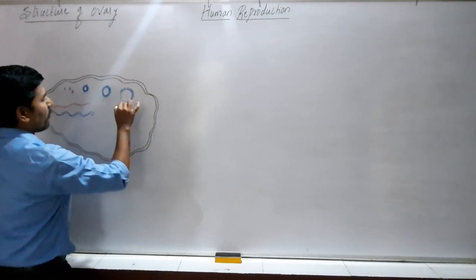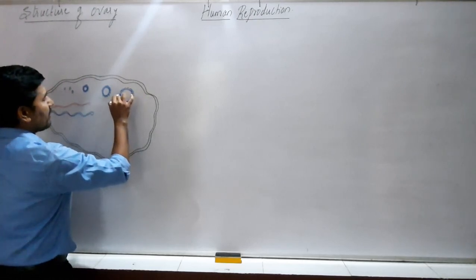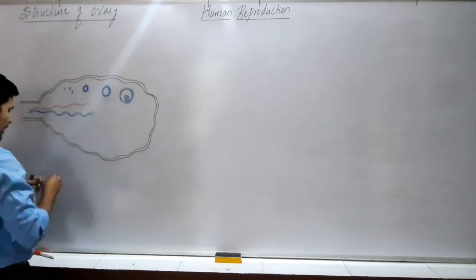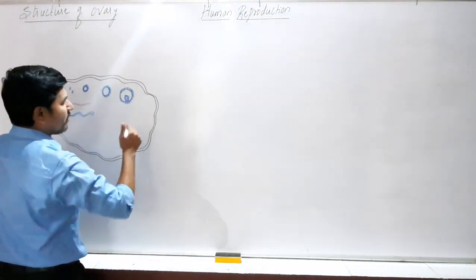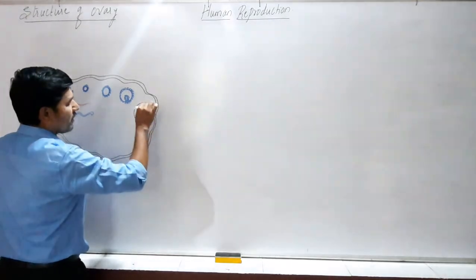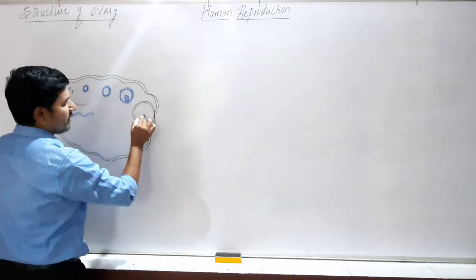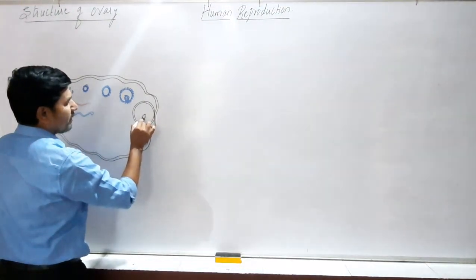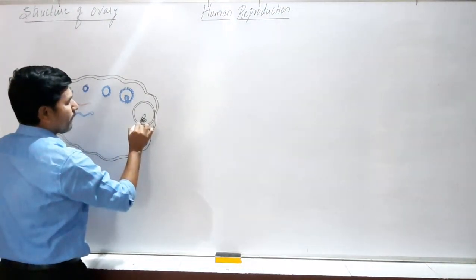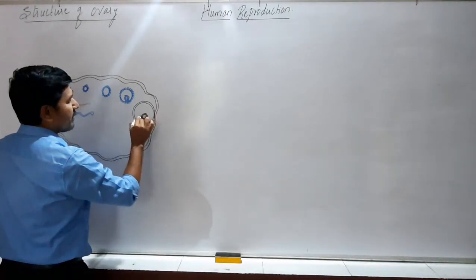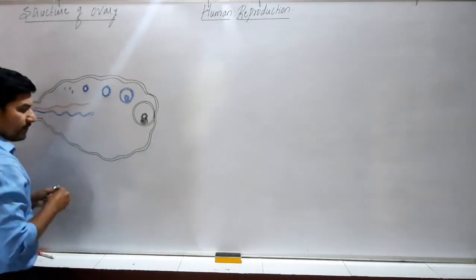This tertiary follicle has a cavity inside, which is called the antrum here, and finally it matures into a larger follicle. This larger follicle is called a Graafian follicle, which is nothing but the matured follicle.